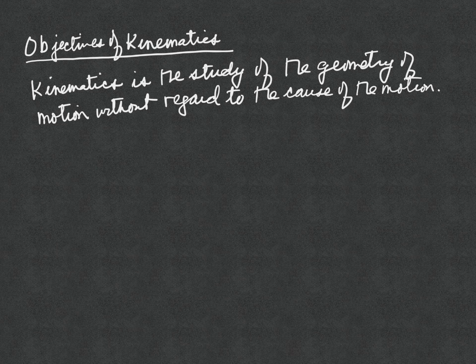Now, what the statement means is that in kinematics, we're not interested in why the motion is occurring. We're just trying to characterize what is actually happening or what the motion is.